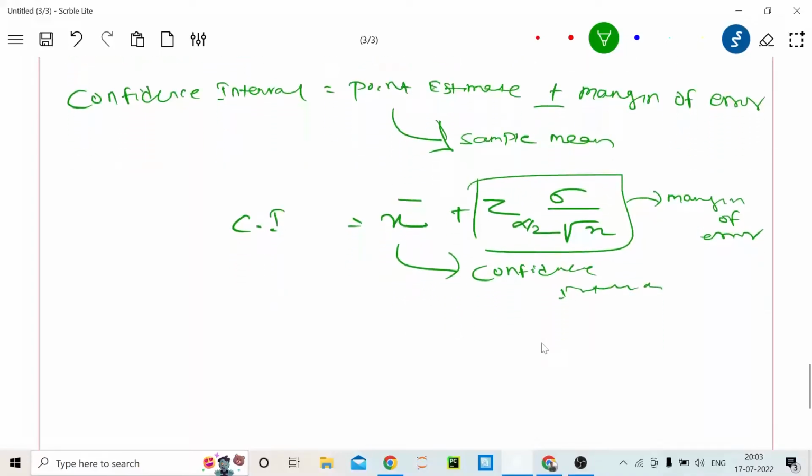If I tell you one example, I will just solve a problem, and after that you can completely understand all the things.